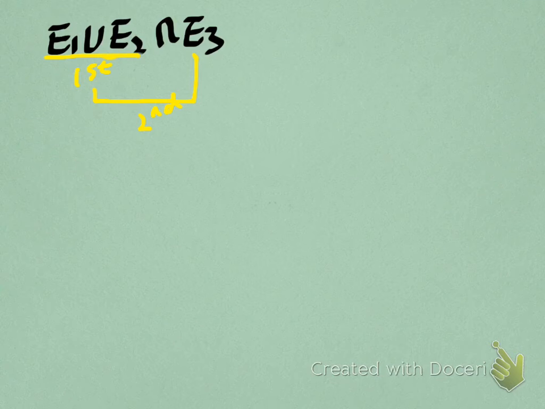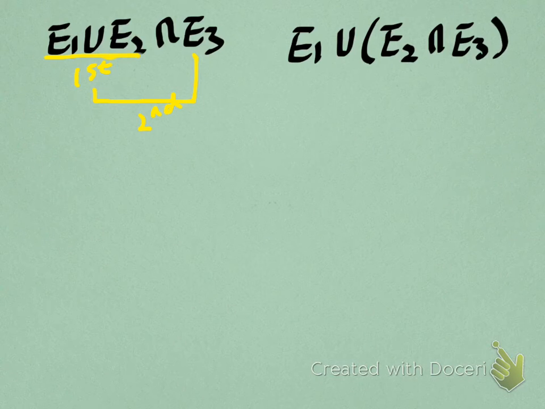But here we can also use the parentheses to change the order. So if we have E1 union, parentheses, E2 intersection E3, then similar to the computation of numbers, we will first compute the part inside the parentheses. So now we start with E2 intersection E3.